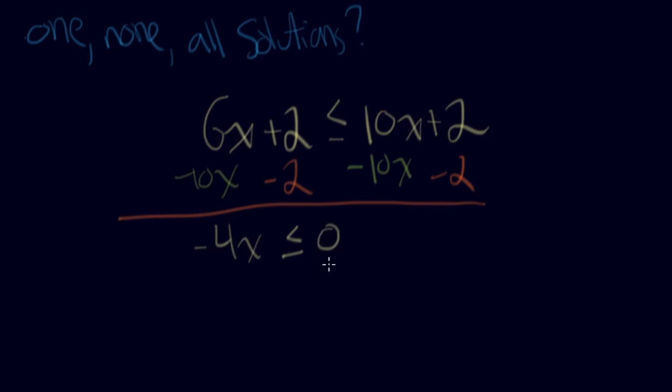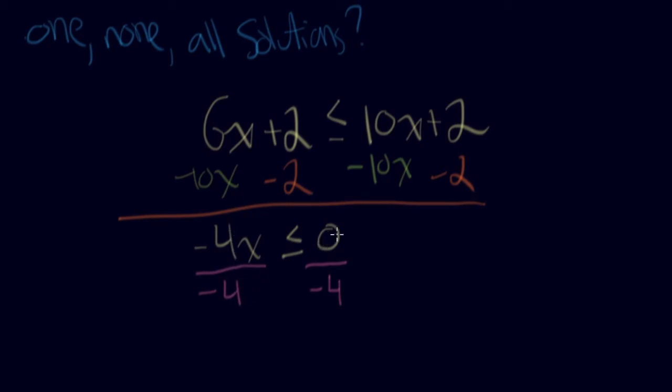A lot of times when students see the 0, they start thinking it's no solution or something bad is going to happen. Well, this is a great question because if you had to solve this one, so finish solving it, I'm going to divide both sides by -4. And this is extremely important because don't get thrown off by that 0 right there. Some students do. So you have to divide by -4 on both sides.